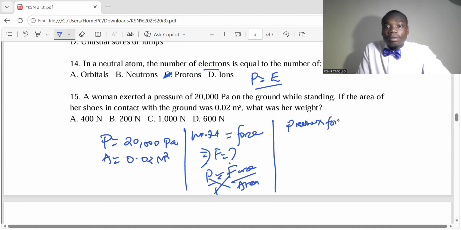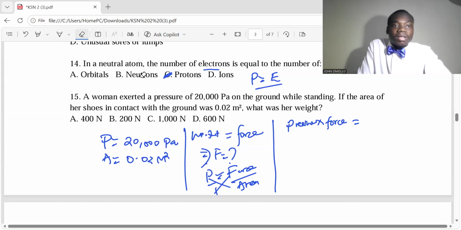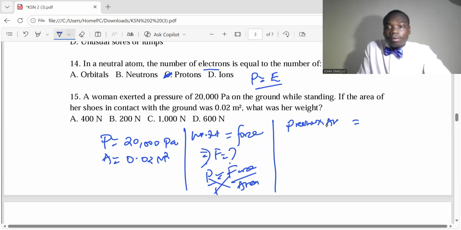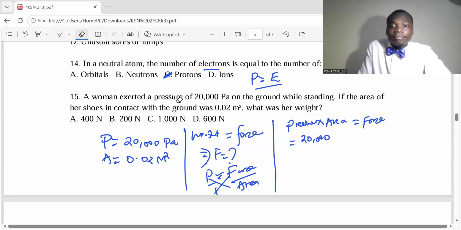Pressure times area is equal to force. So that is it. So we're going to have pressure is 20,000 times, remember Pascal is Newton per meter square.